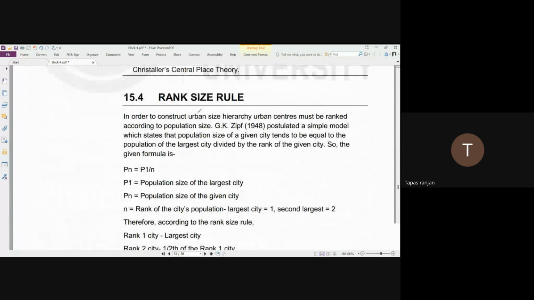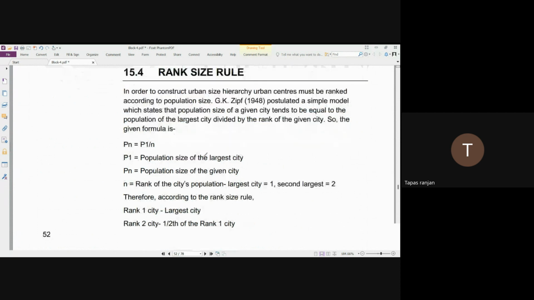Okay, so just like yesterday we have discussed this rank size rule, and that was basically postulated by J.K. Zipf in 1948, and it is basically a simple model that explains the population size of any city.